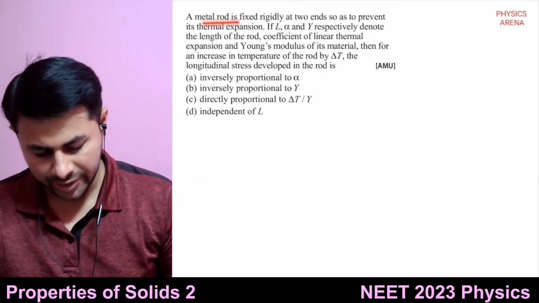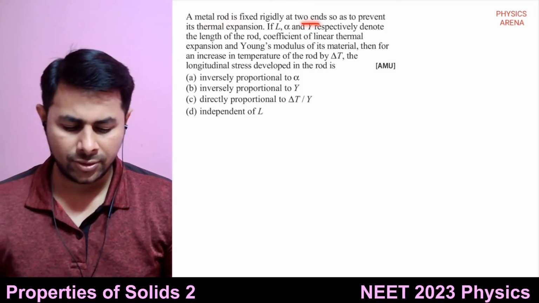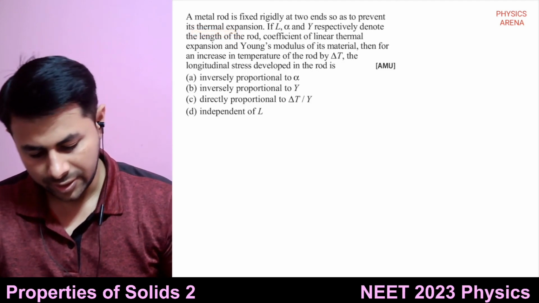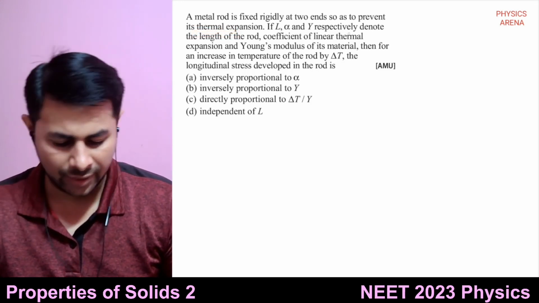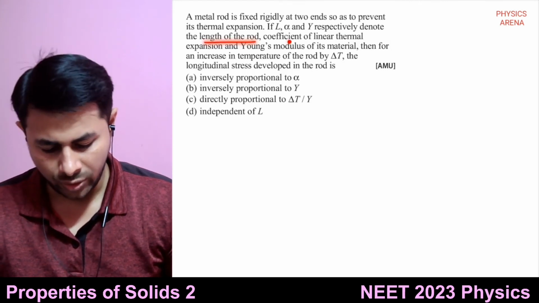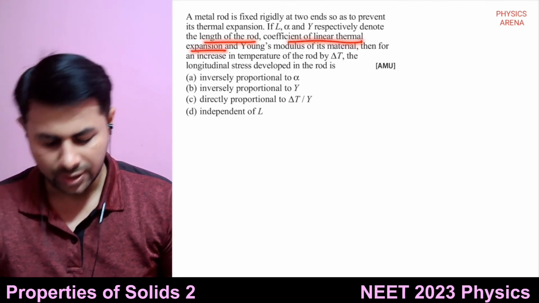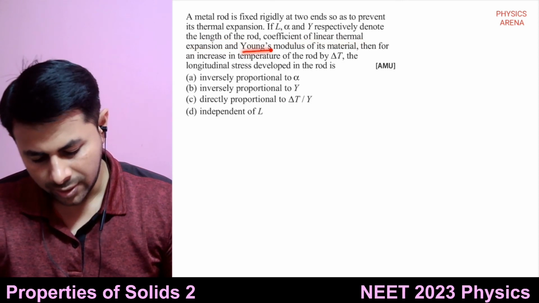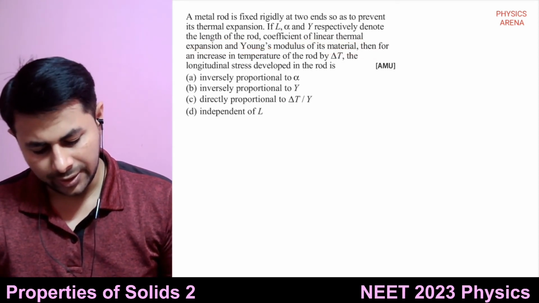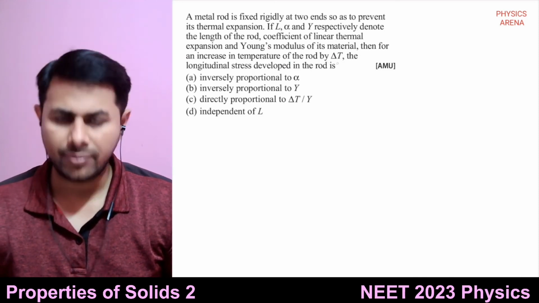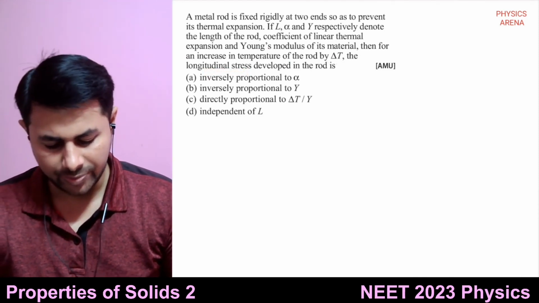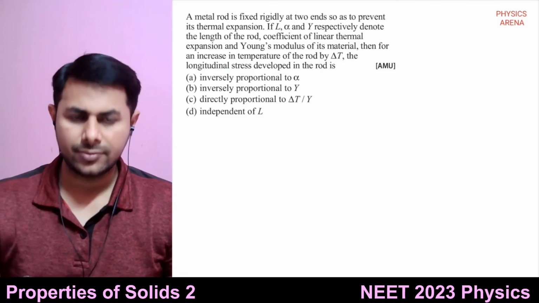Metal rod is fixed rigidly at two ends so as to prevent its thermal expansion. If L, alpha and Y respectively denote the length of the rod, coefficient of linear thermal expansion and Young's modulus of its material, then for an increase in temperature of rod by delta T, the longitudinal stress developed in the rod is.